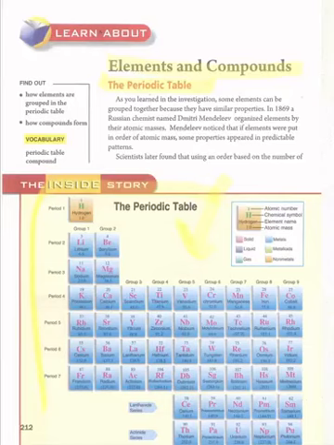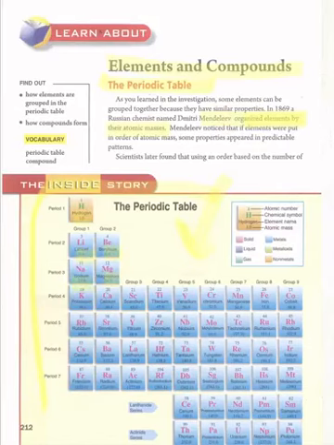In the year 1869, a Russian chemist named Dmitry Mendeleev organized elements by what? By their atomic mass. Under each of the elements we have a number, the mass number.